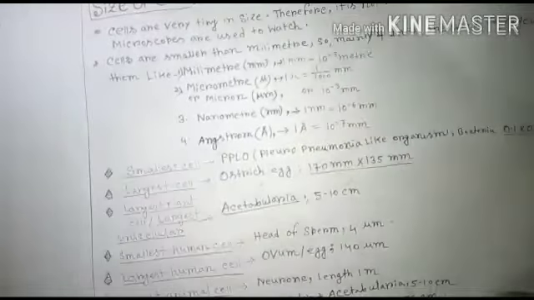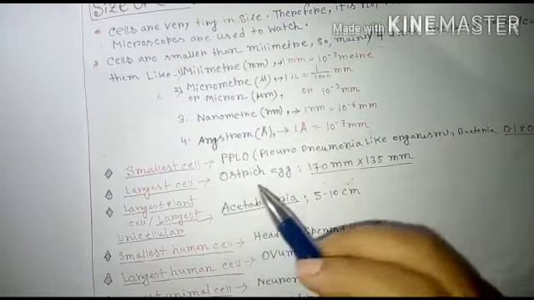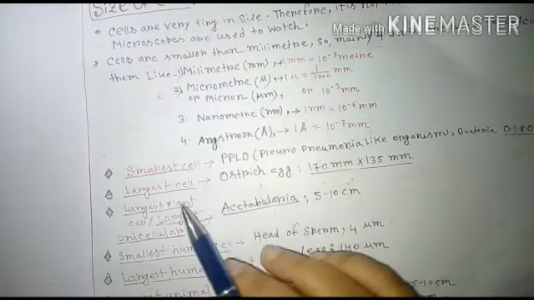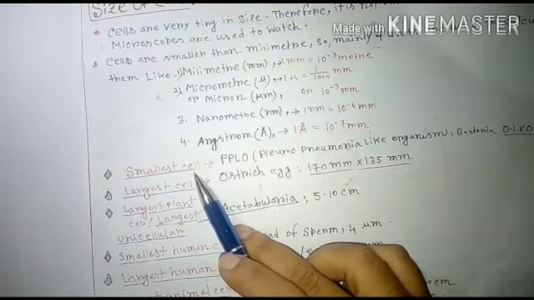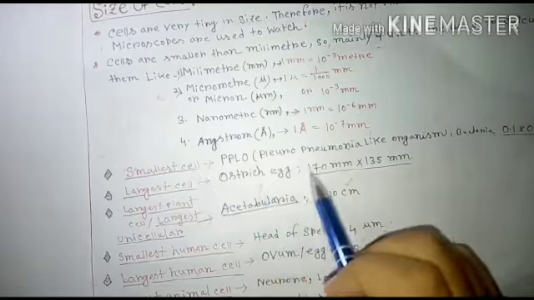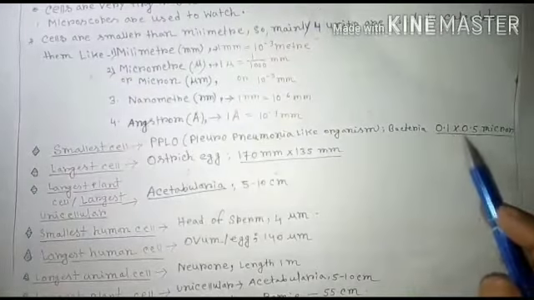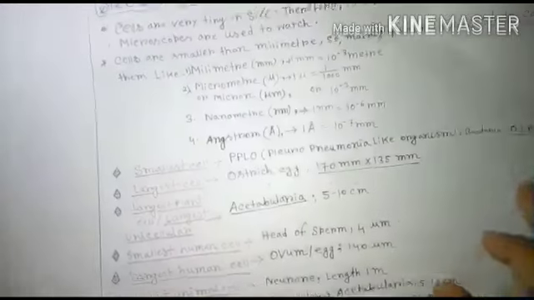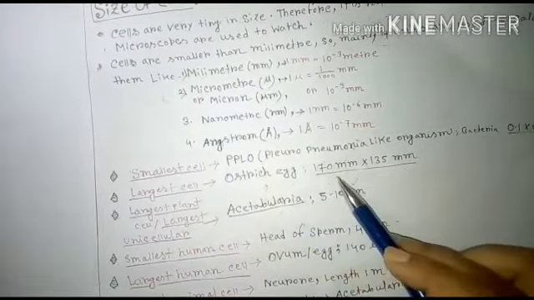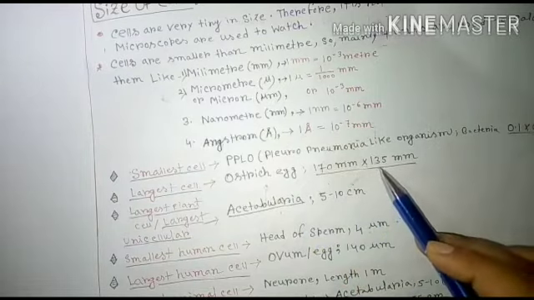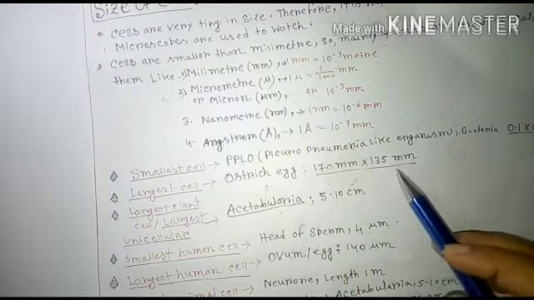Some examples of cells are described here. The smallest cell in our environment is PPLO, a bacteria, with size 0.1 to 0.5 micron. The largest cell is the ostrich egg, 170 millimeter into 135 millimeter.